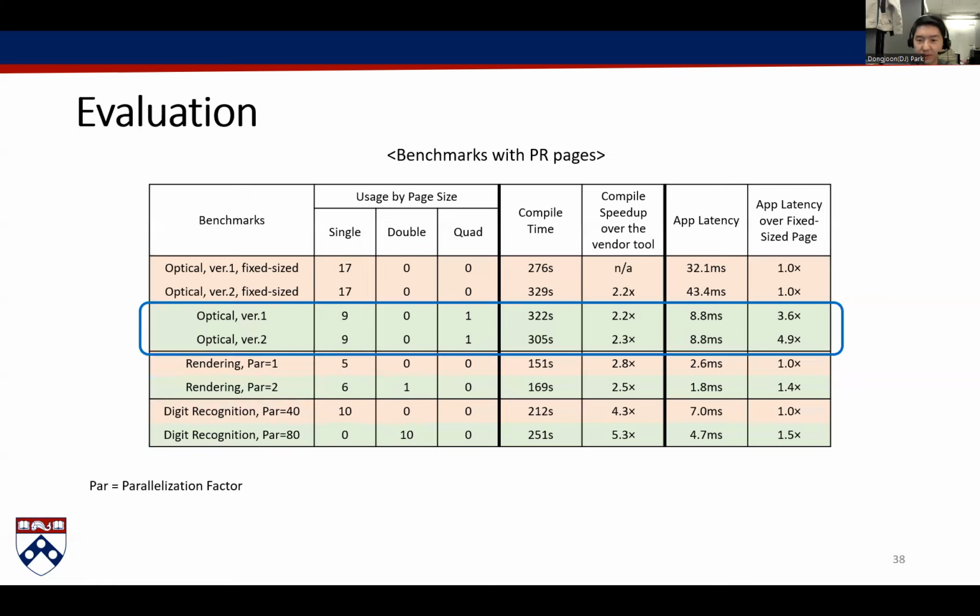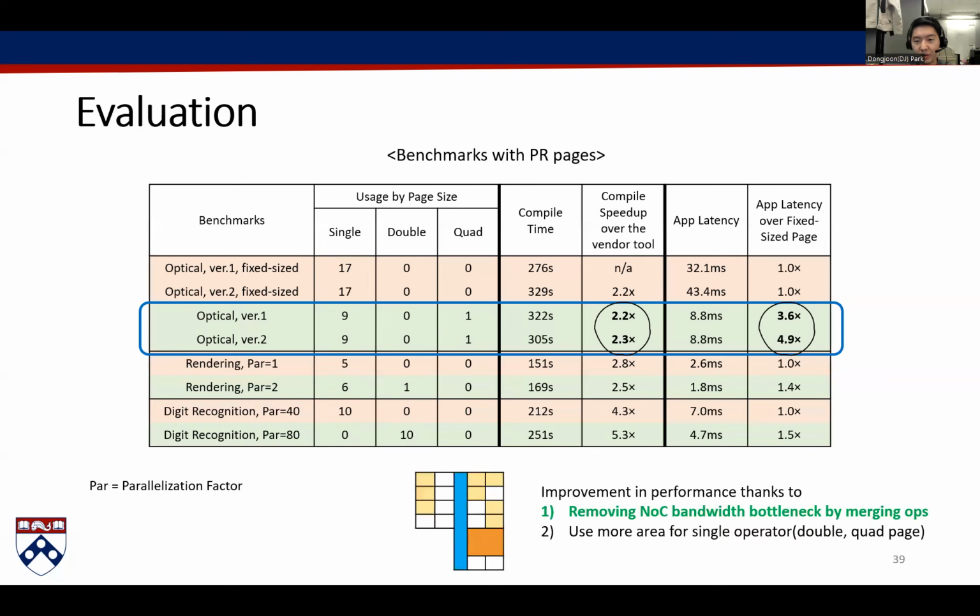For the optical flow benchmark first, you see on the rightmost column, we can achieve application latency improvement, that's the application performance improvement over previous fixed size pages, of 3.6 to 4.9 times. And this is because, as I explained, we removed the NOC bandwidth bottleneck by merging operators.